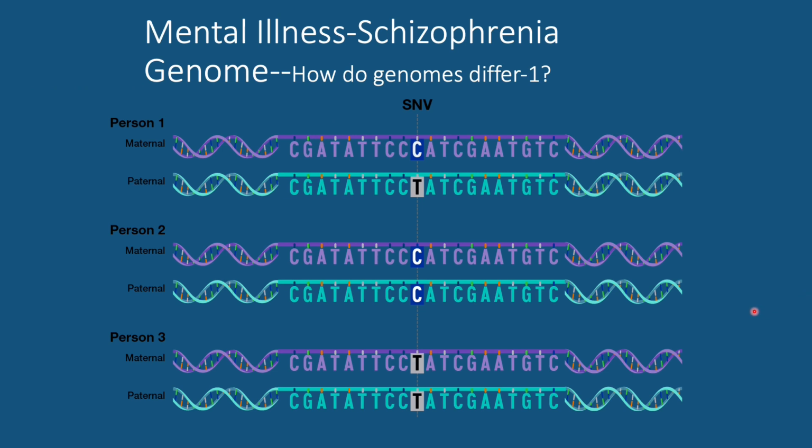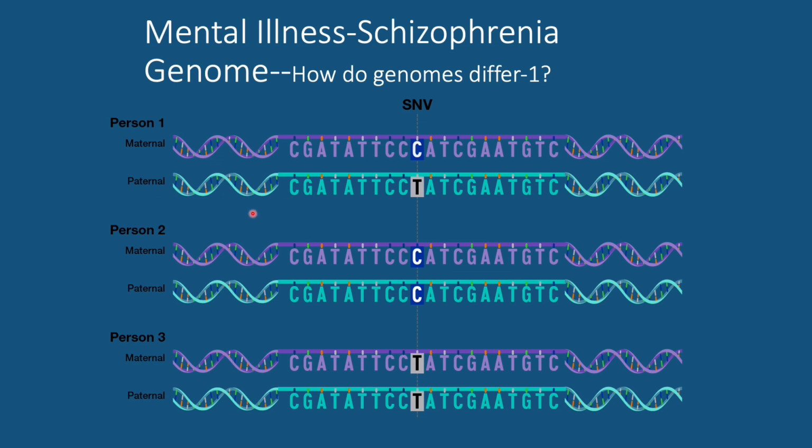Let's look together at this cartoon, just to understand genomic variants. In this case, you see person 1, person 2, and person 3. As we were reviewing together, each of these persons has a part of their genome represented by the maternal heredity and part of it by the paternal heredity.